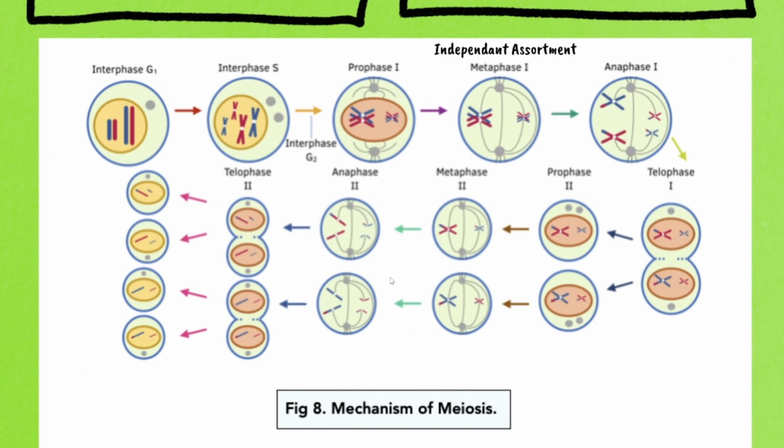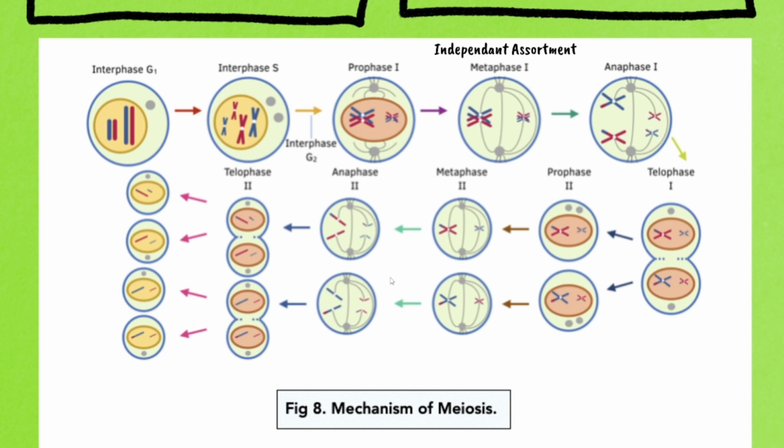Even here, remember four processes. But the difference is that in meiosis this occurs two times and it's different both times. It's not the same thing happening two times.